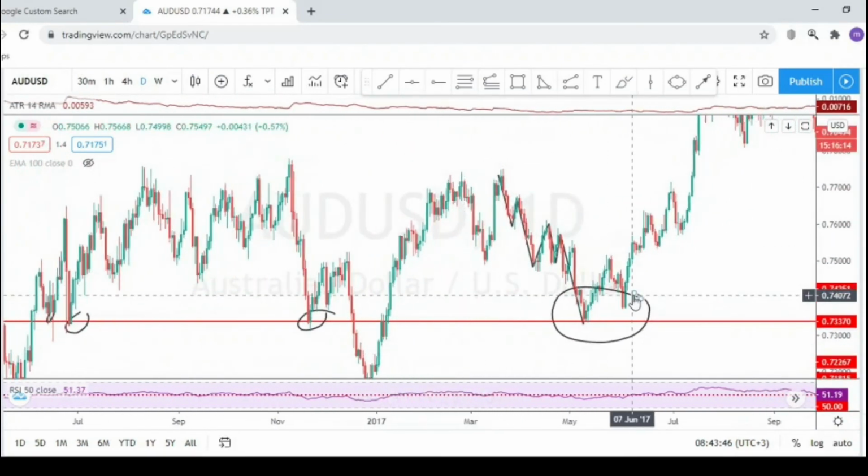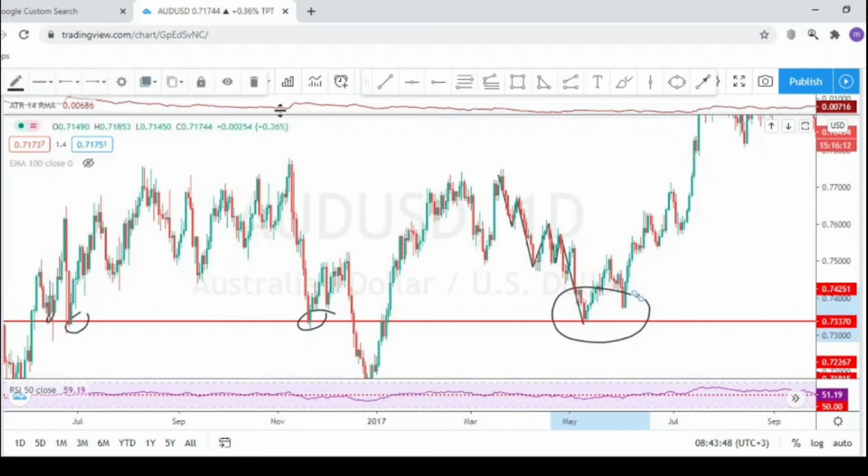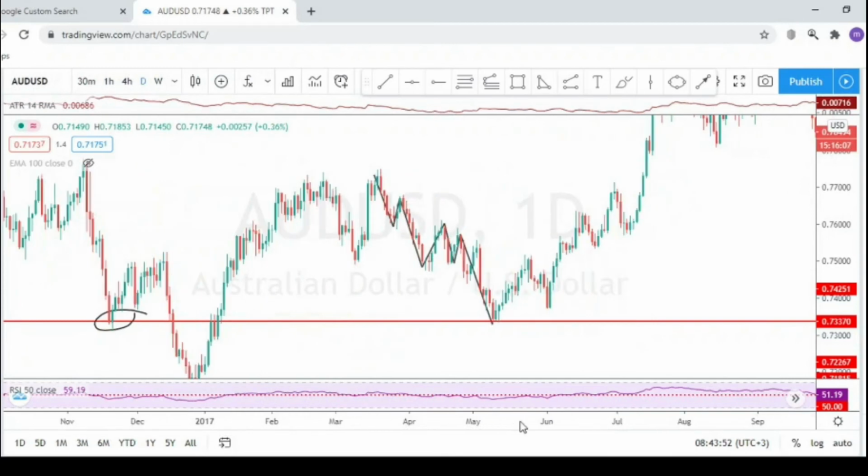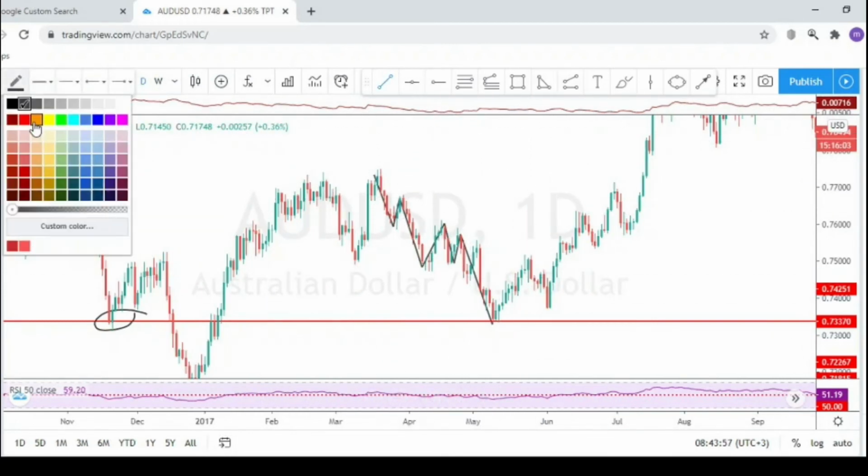So once that has happened, then you look for a potential sign of a new trend. And the potential sign of a new trend, guys, as I said earlier, is this.